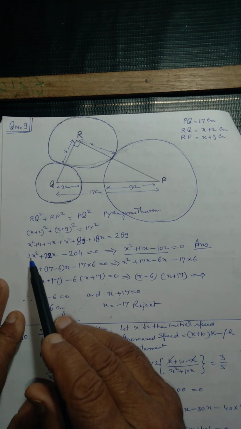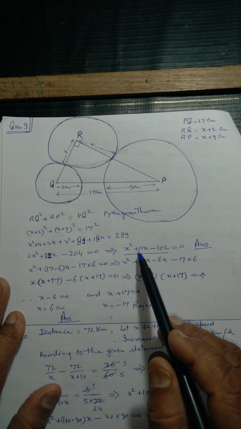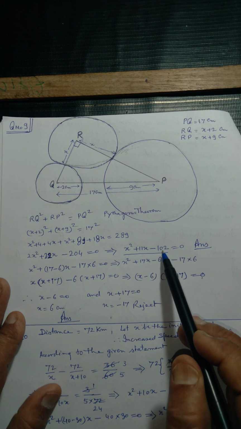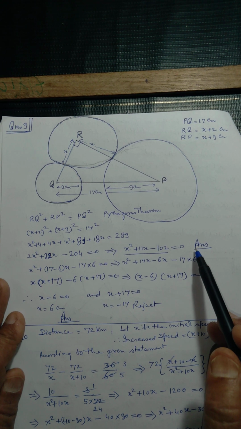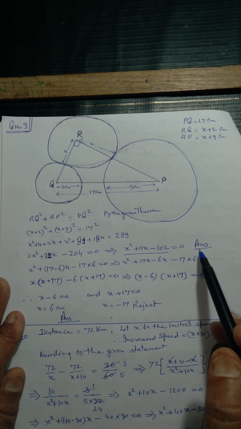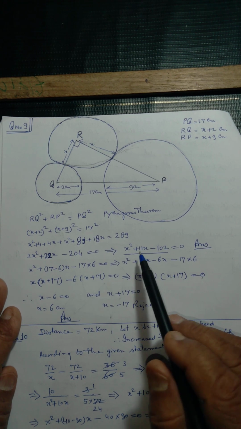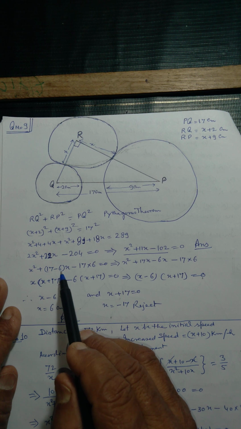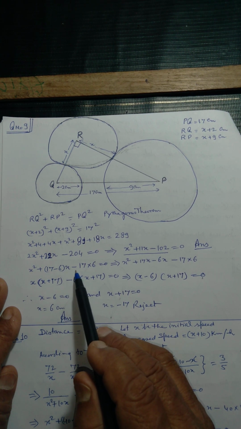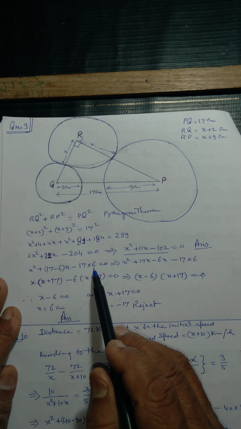If you take out 2 common, we are left with x square plus 11x minus 102 equal to 0. This will be the required quadratic equation for question number 9, which can be further solved like this: x square plus 17x minus 6x, and for 102 we can write 17 into 6.